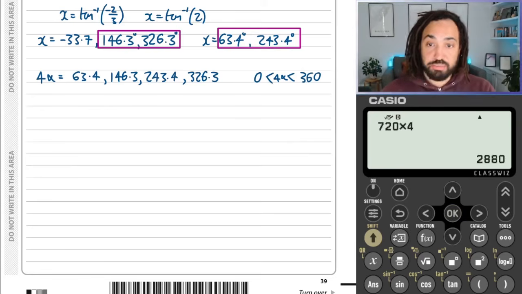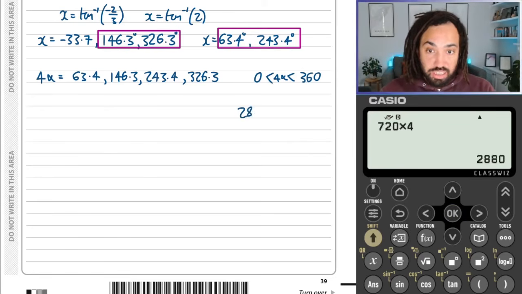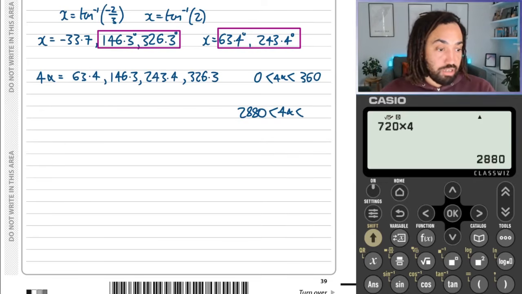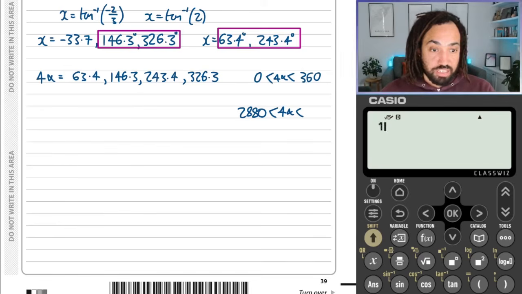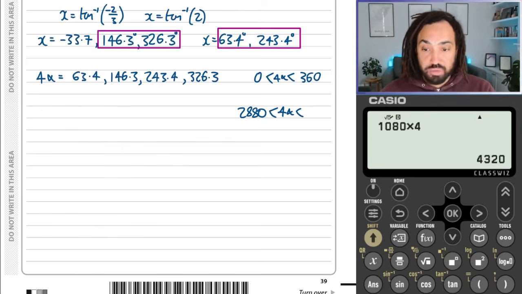Again, this explanation is going to take a while, but this is the only way I can really explain it, by explaining it in full detail. And then we're going to also multiply the end of the range, which was 1080, by 4, so we get that.